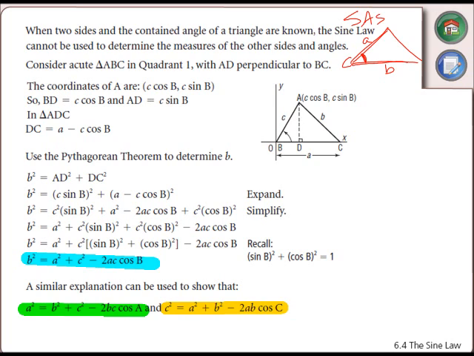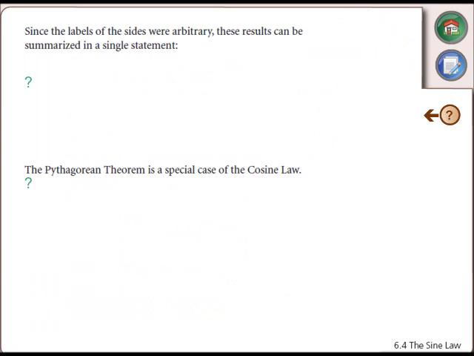Notice the pattern. If we're looking for b squared, then we add the other two sides squared, and then we subtract 2 times the other two sides, times cos of the angle that is related. Same thing, add the two, subtract 2 times the other two, and cosine of the angle that is related.